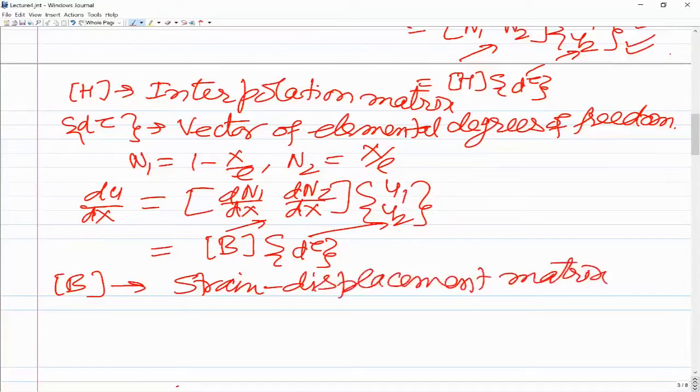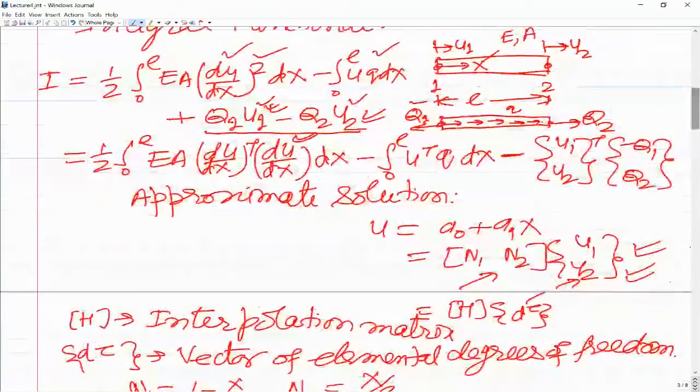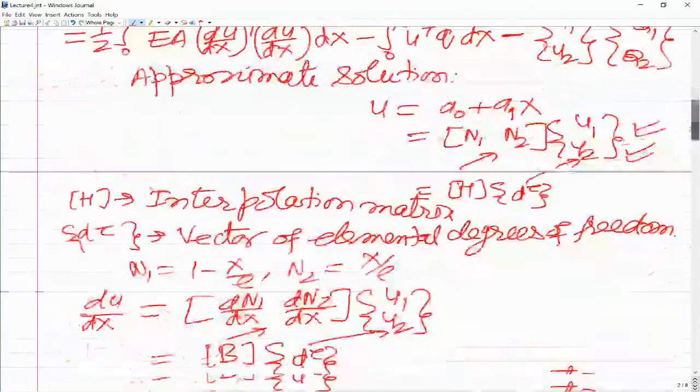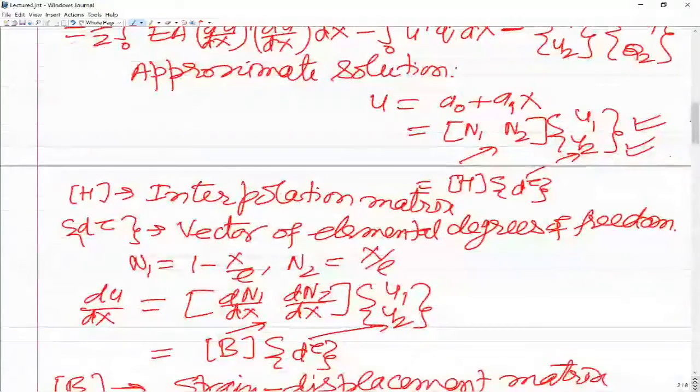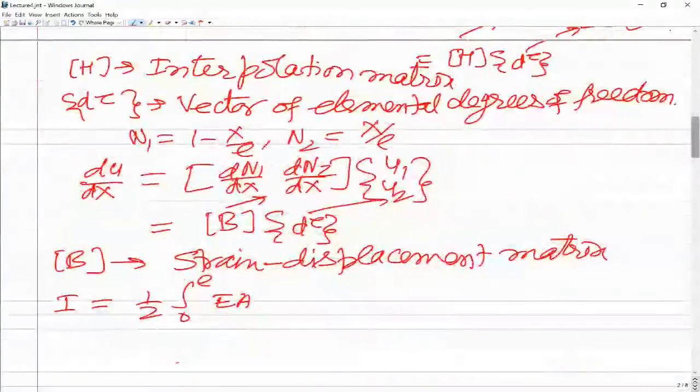Now, after this approximation for u, we substitute this in the integral functional. So I can be written as half integration 0 to L of EA and du by dx transpose. In the integral functional we have du by dx transpose, and du by dx is B into DE. So du by dx transpose would become D transpose into B transpose.